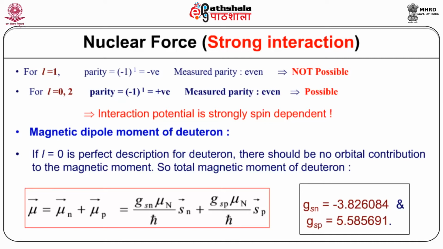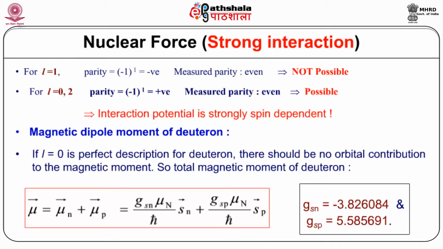In that case, the total magnetic moment of the neutron, mu = mu_n + mu_p, is equal to g_sn mu_N upon h bar Sn plus g_sp mu_N upon h bar Sp. That is, if the neutron ground state has L = 0, the net magnetic moment will be equal to the sum of the spin components of the neutron and proton only.